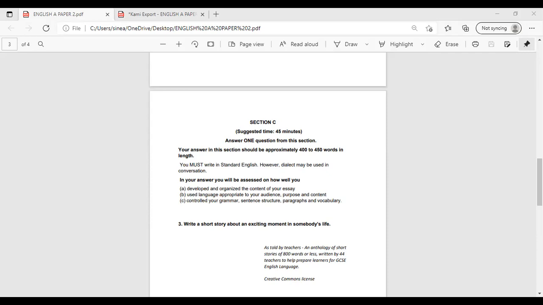And I want you to know that your short story for CSEC is different from your creative writing for SCE. Okay, because it's a short story, you would be able to focus on a lot of details in your short story. In a narrative short story, you have to stick to events, right?